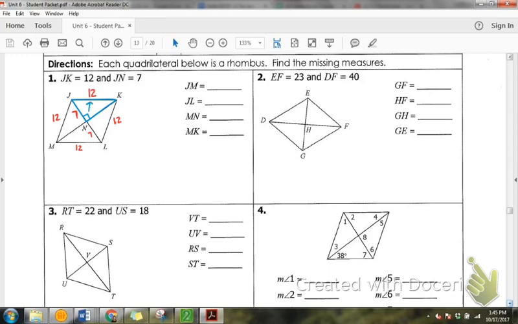So I know that 12 squared equals 7 squared plus B squared. That's going to give me the other piece of the diagonal. And I think it does come out to be a decimal, which is okay. Just round it to the nearest tenth.